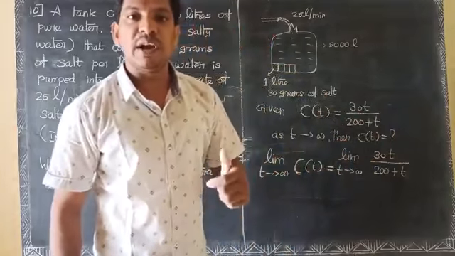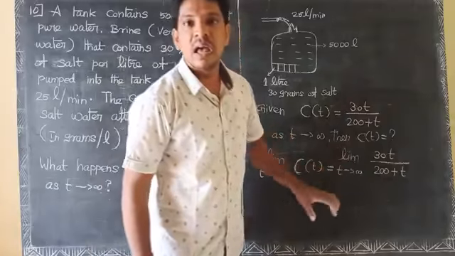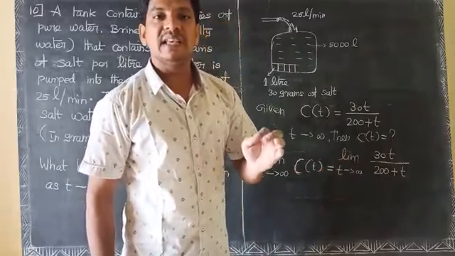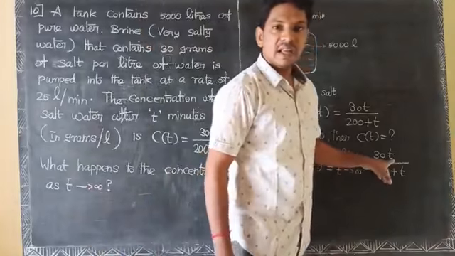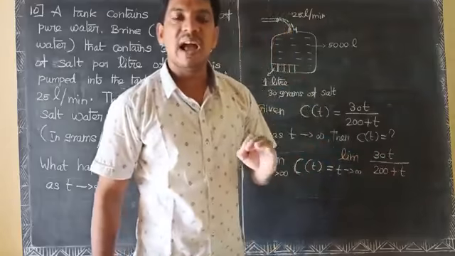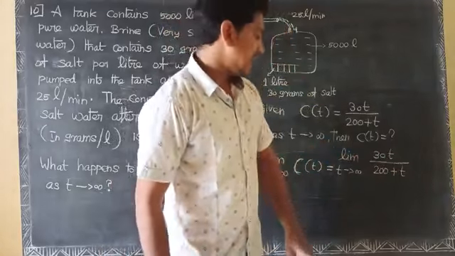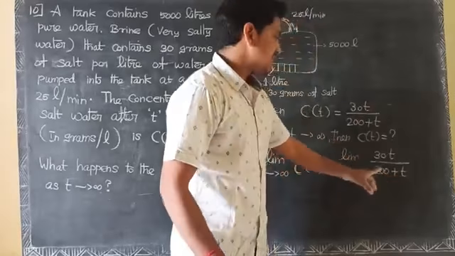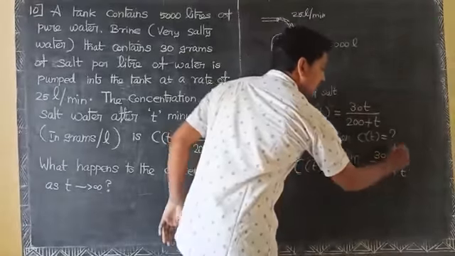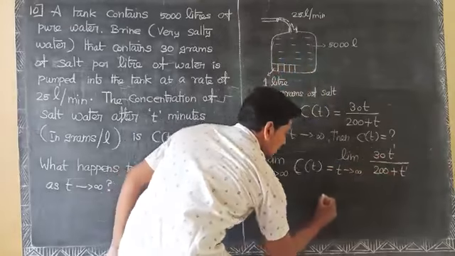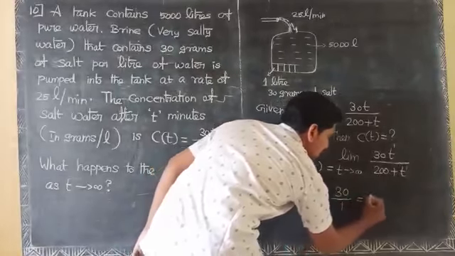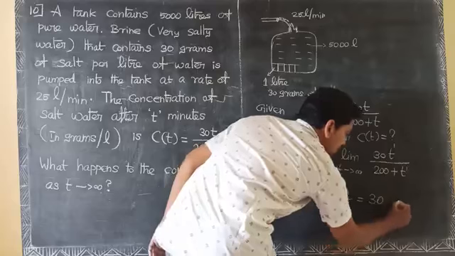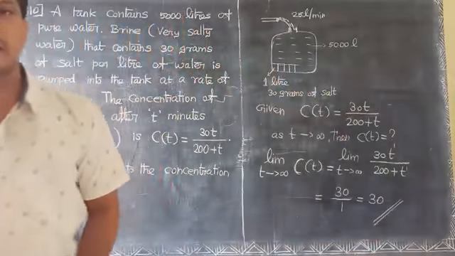The procedure to find the limit is the coefficient of the highest degree of t in p of t divided by the coefficient of the highest degree of t in q of t, that is 30 divided by 1, which is equal to 30. Thank you students.